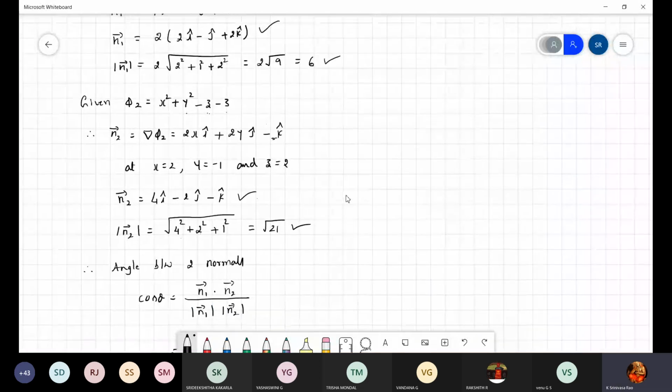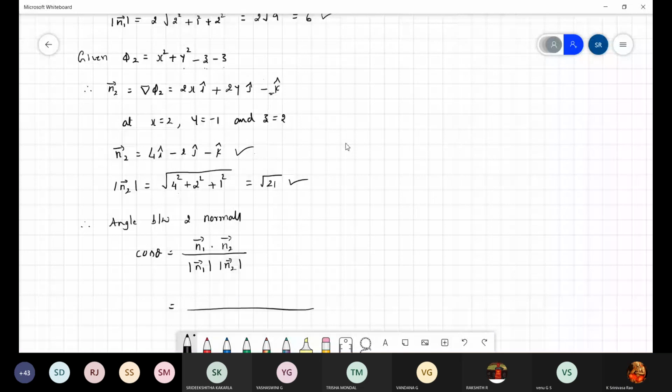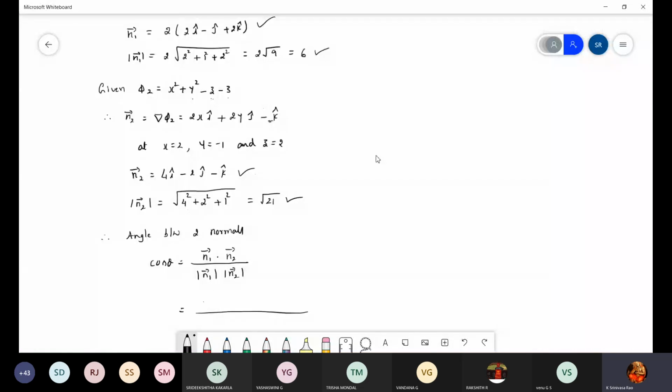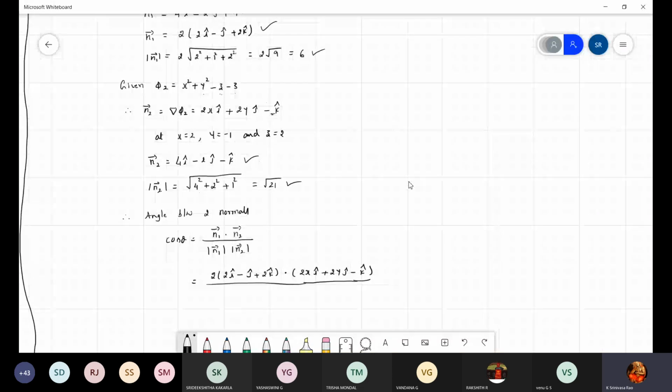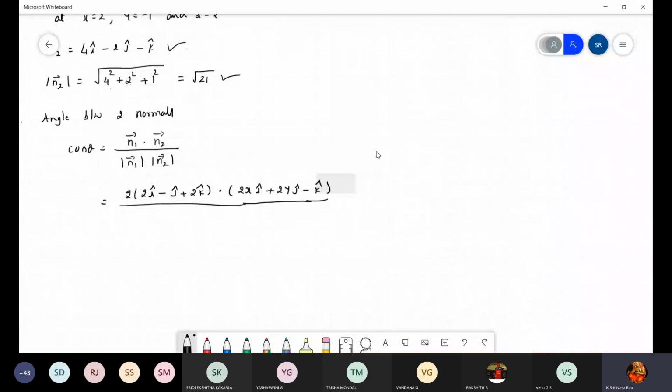So what is n1? 2i minus j plus 2k cap, dot n2, 2x i cap plus 2y j cap minus k cap, divided by magnitude of n1, which is 6, into magnitude of n2, which is root 21.